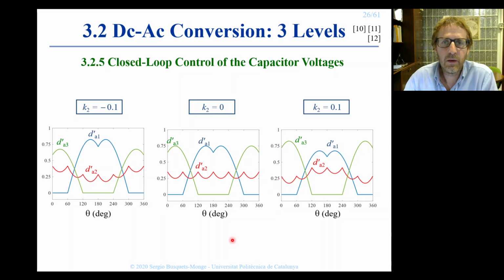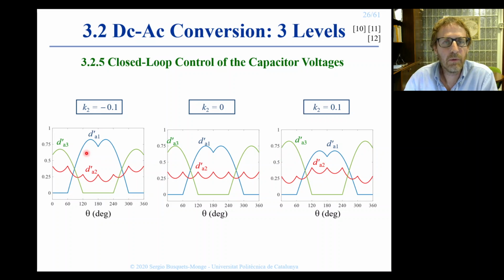The resulting waveforms with the application of this parameter k are shown here in the slide. For k equal to 0, we have the same waveforms as we had presented before. And whenever the value of k is positive, as you can see, the duty ratio dA3 goes up and the duty ratio dA1 goes down.